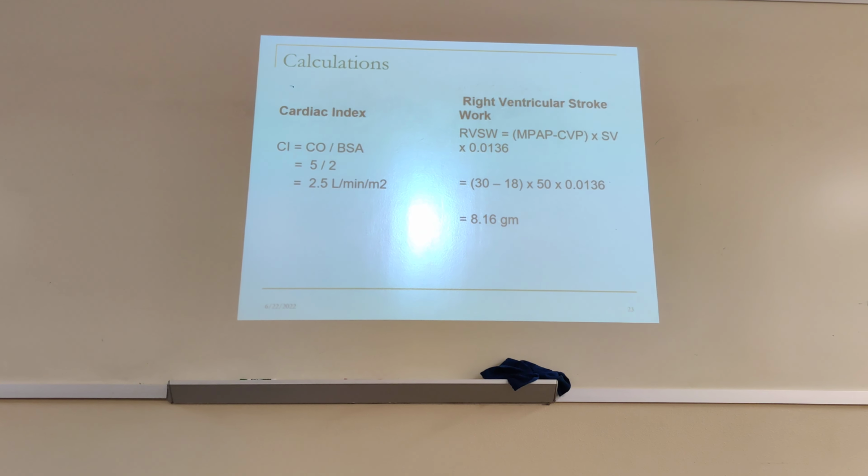So if we did that, we have our mean PAP we calculated to be 30 minus the right atrial pressure for the CVP, since I don't have my CVP, times 50, which is the stroke volume, times 0.0136. So that gives me 8.6 gram meter. Okay, gram meter. Any questions?